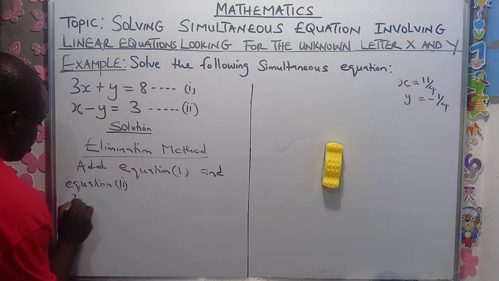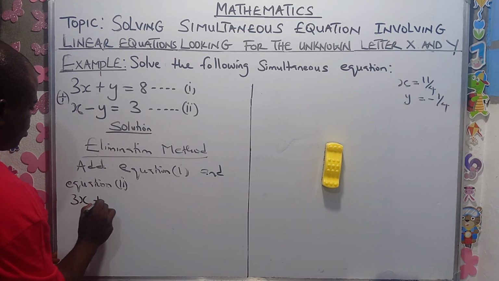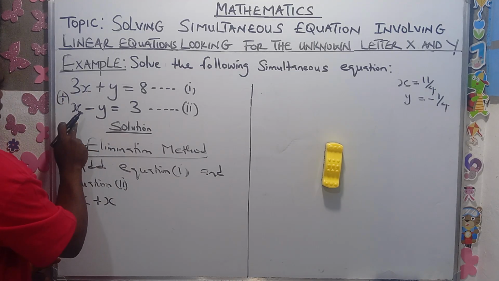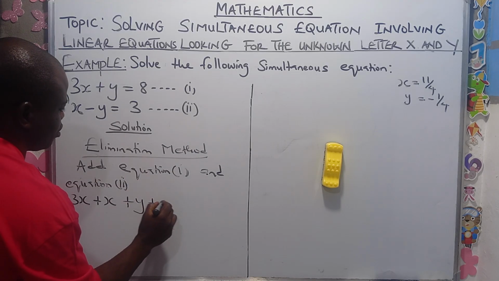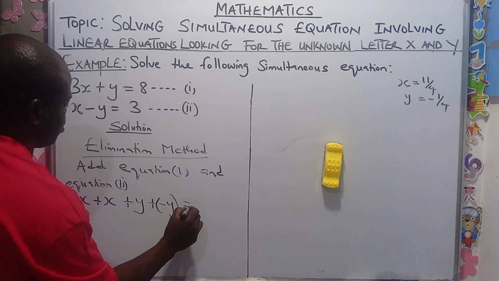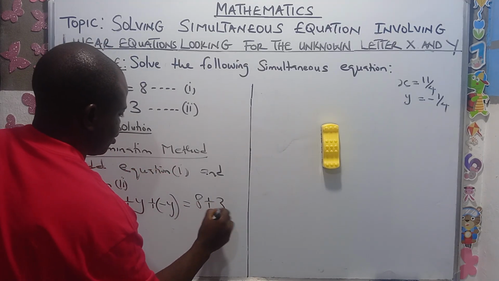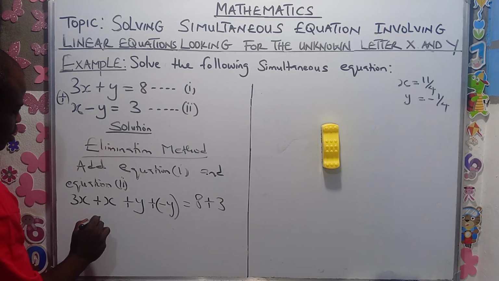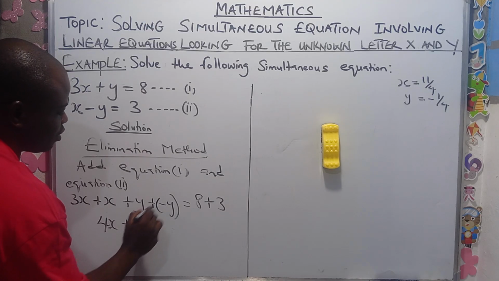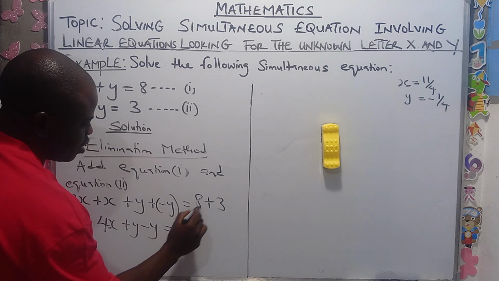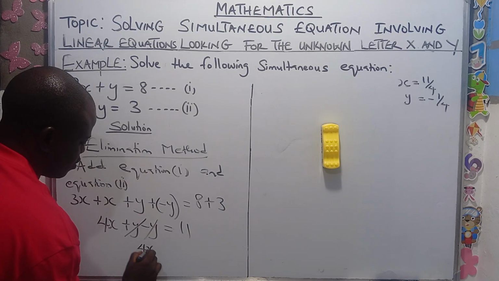Now you have 3x, put positive here, 3x plus x, come to the y: plus y minus y equals 8 plus 3. 3x plus x is 4x; y and minus y cancel; 8 plus 3 is 11. So 4x equals 11.